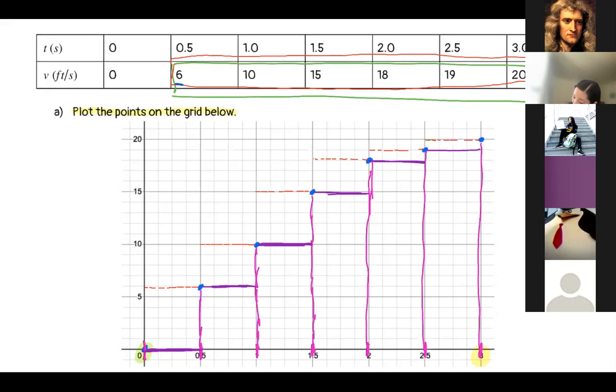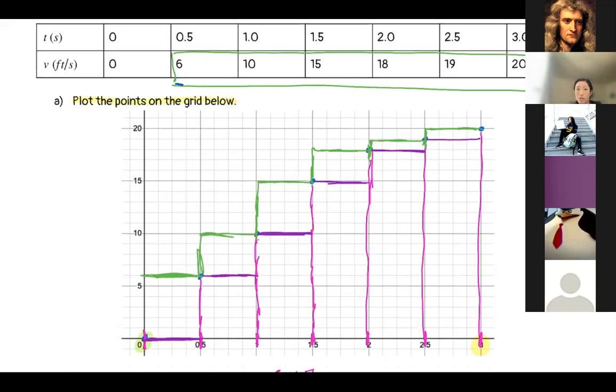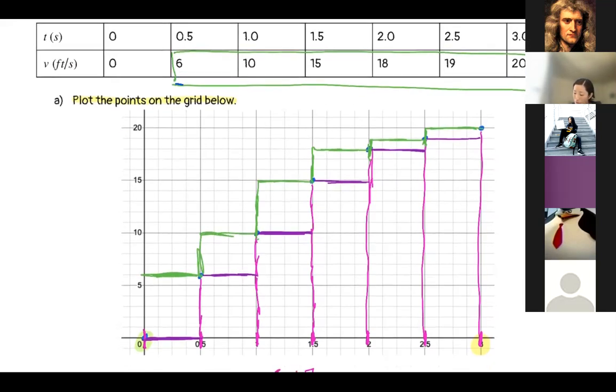Because check this out. We've got this as the height for the sixth one. This is the height for the fifth one. This is the height for the fourth one. This is the height for the third and the second and the first. And you know which one got left out? We didn't use that y value of 0, which matches here.